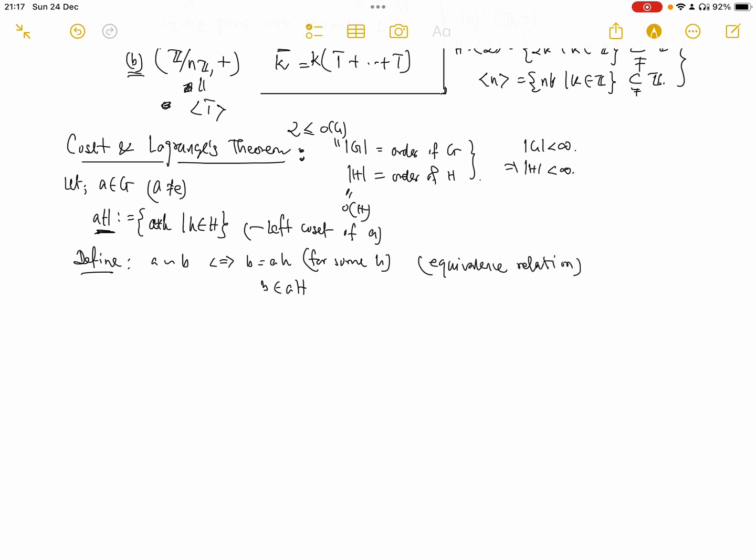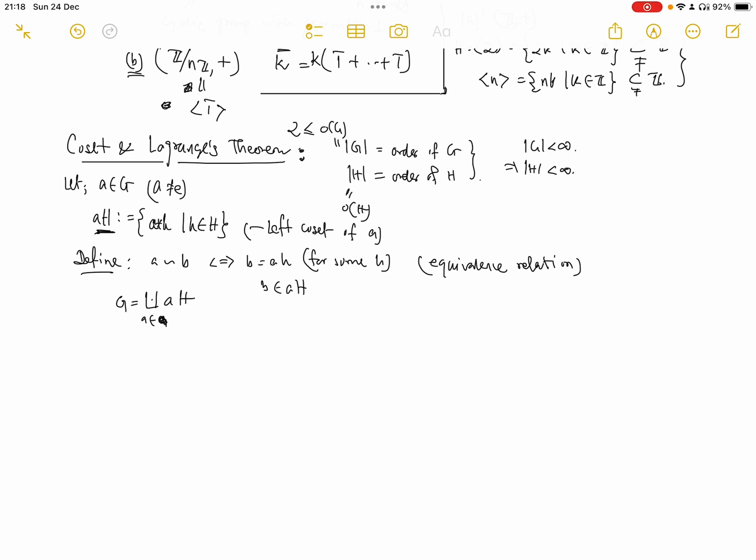I'm not verifying it. An equivalence relation partitions a set, and here the underlying set is the group G itself. So G will be a disjoint union, because it's a partitioning, of the cosets aH.